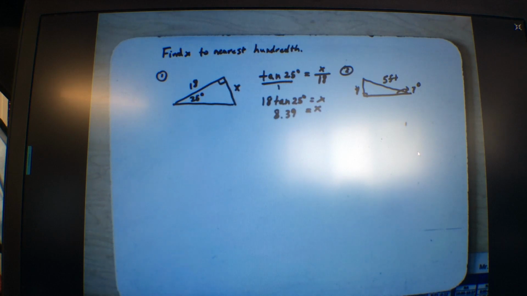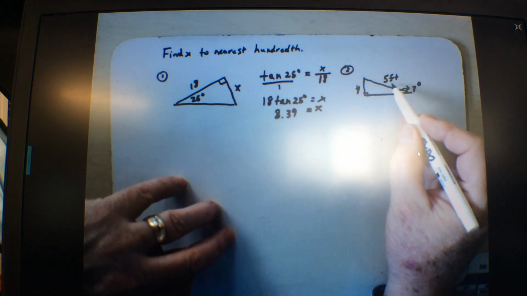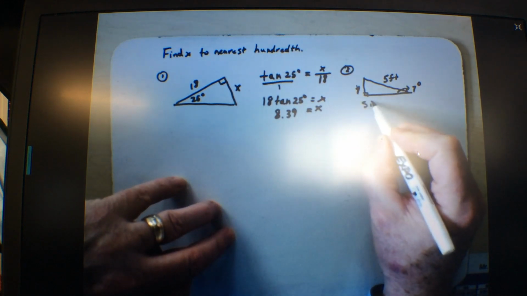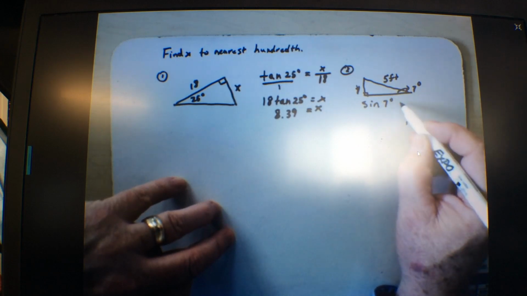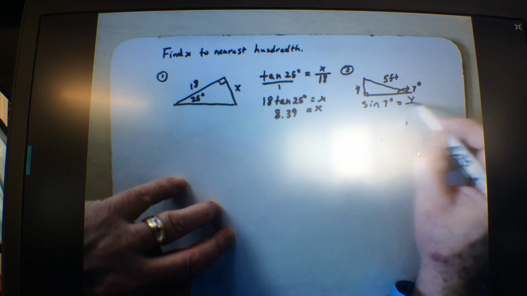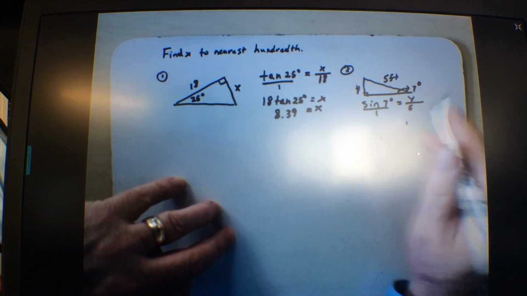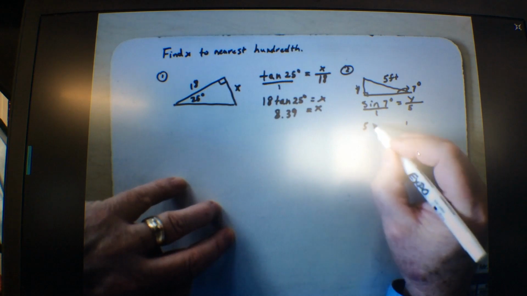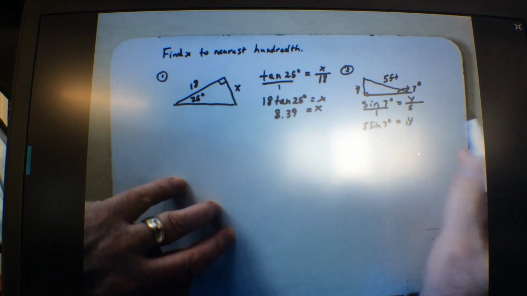Sine, because I have the opposite leg and the hypotenuse. So I take the sine of what? 7 degrees. You always take it of the angle. The sine of 7 degrees equals y over 5, correct? I put it over 1 and cross multiply. So I take 5 times the sine of 7 degrees equals 1 times y, which is y.